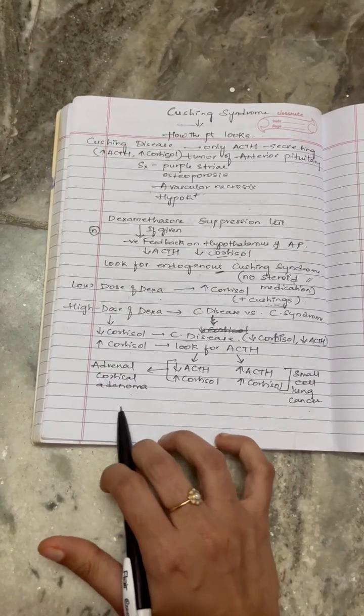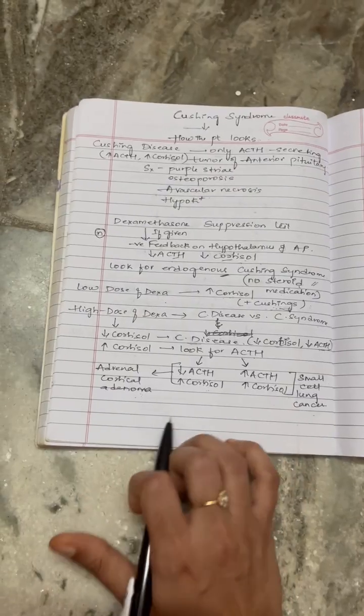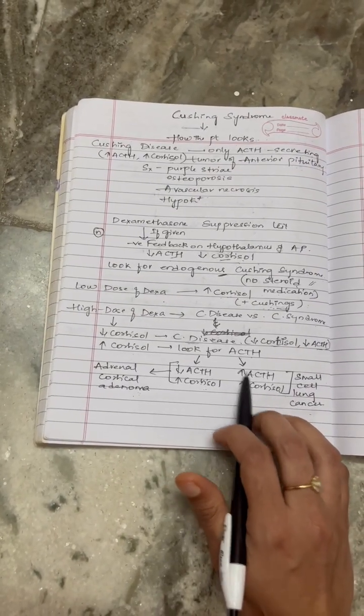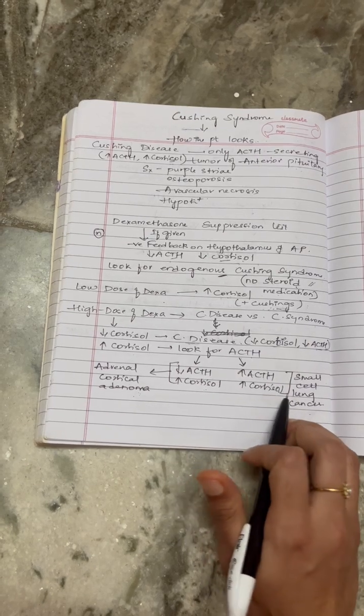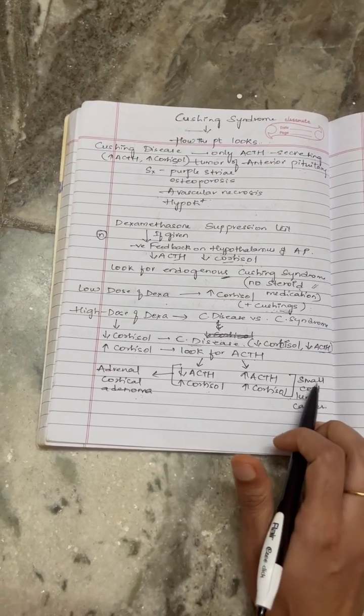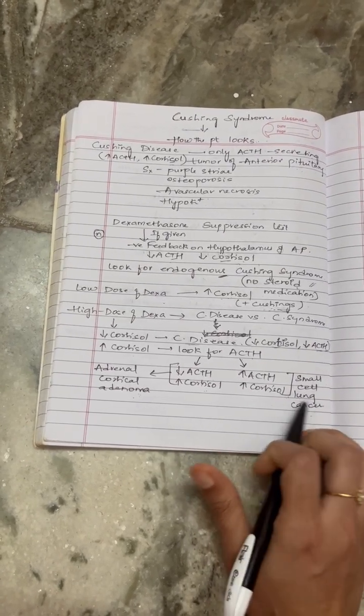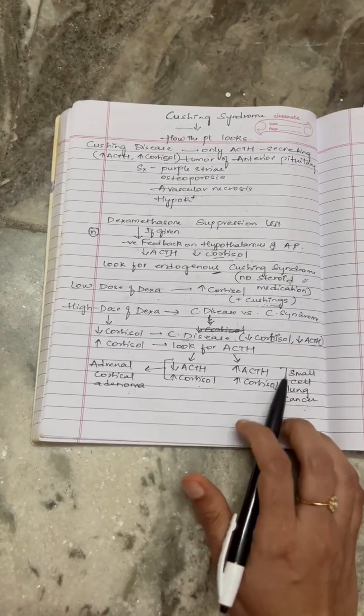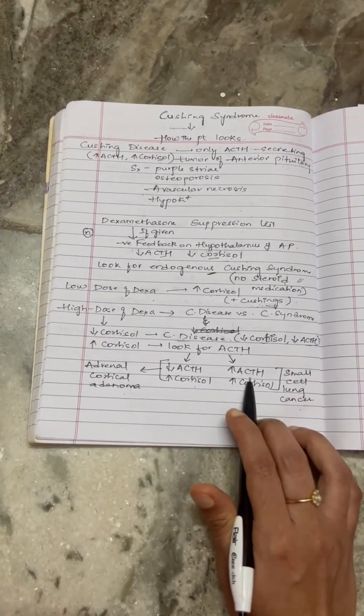The other scenario is if ACTH is increased and there's an increase in the cortisol, we say it is from the small cell lung carcinoma. We call this ACTH dependent Cushing syndrome, as you see that it is dependent on ACTH.